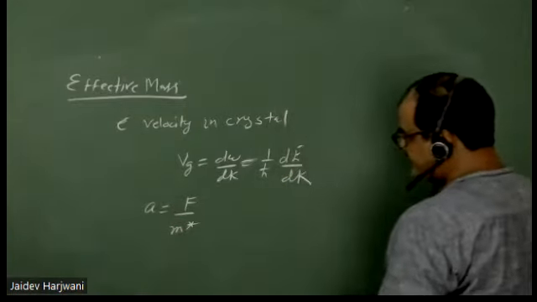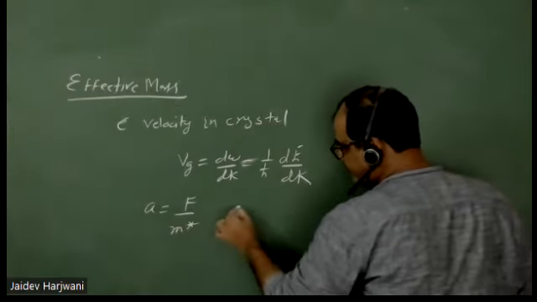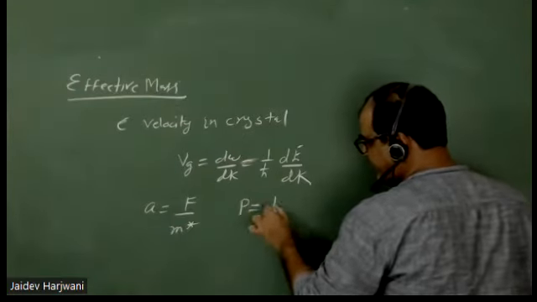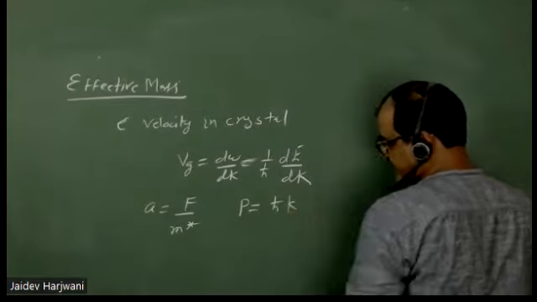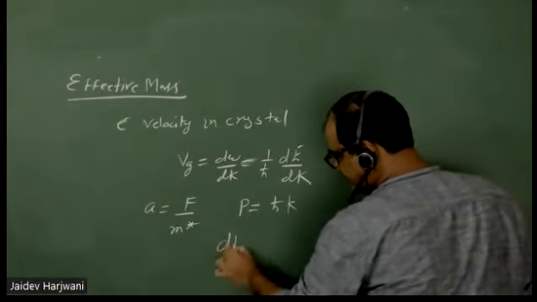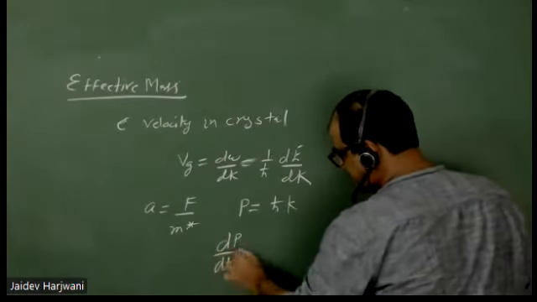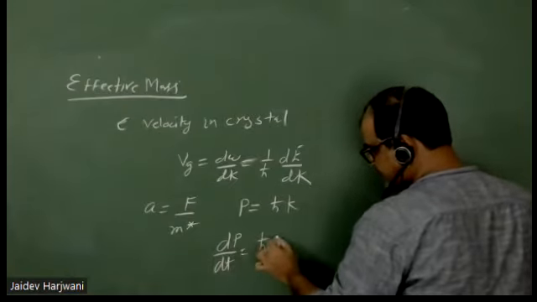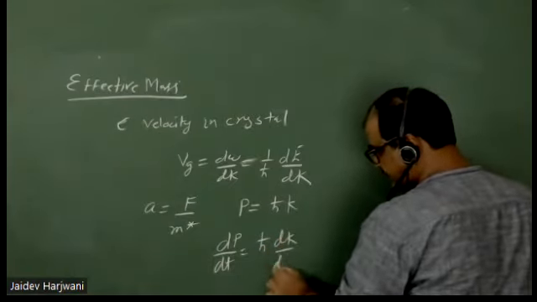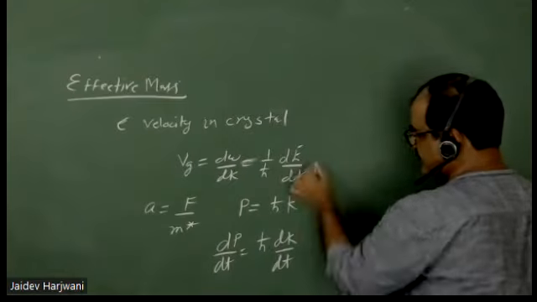Now I know the relation between P and k: P is h cut k. So if I want the force, dP upon dt, I can write h cut dk upon dt.